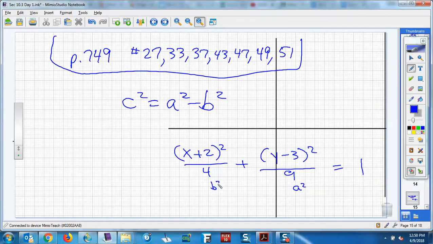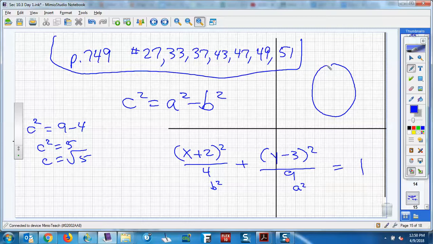This is your B squared. So that tells you that C squared is 9 minus 4, C squared is 5, C would equal square root of 5, right? So now, this particular ellipse is going to go up and down like so, right?